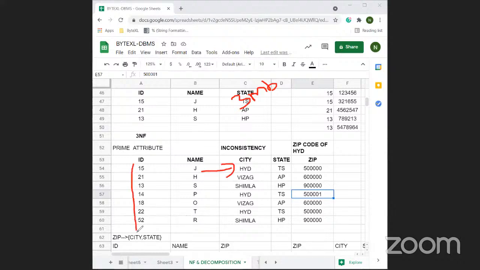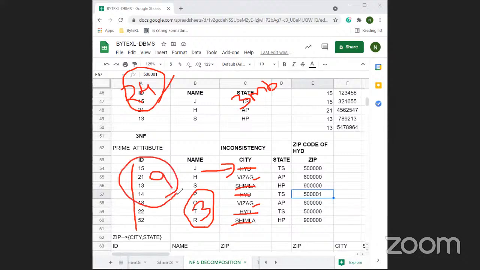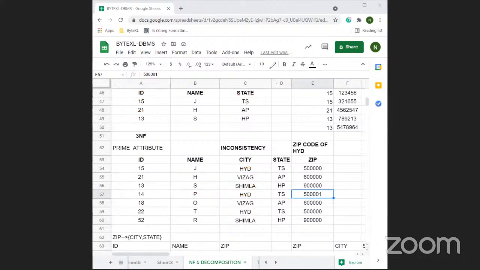Since there are around 8 columns, 24 MB of data we are using. But Hyderabad is repeated 3 times, Vizag is repeated, Shimla is repeated. That means there are only 3 places, so in 9 MB of memory we can simply use this. Therefore, this is third normal form.